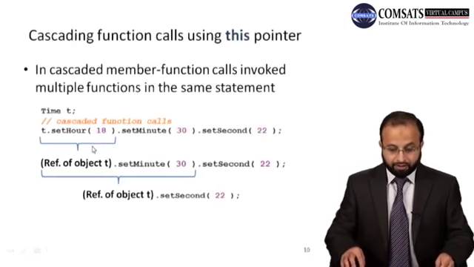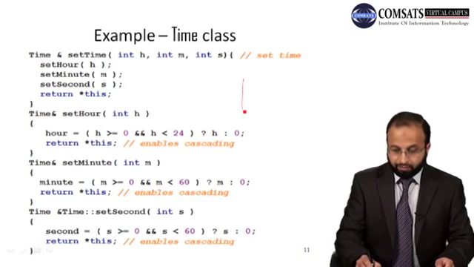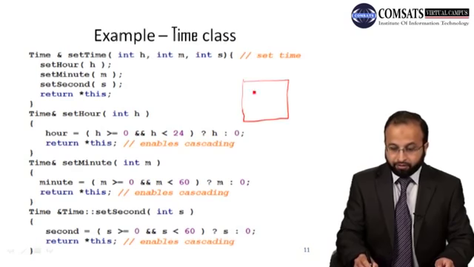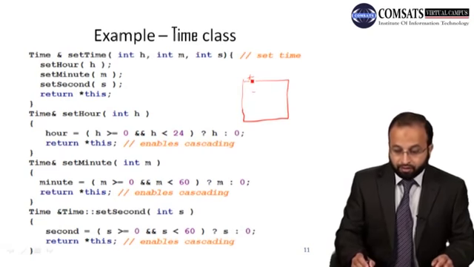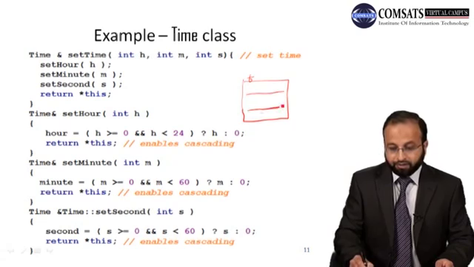Let me explain this. Let's say this is the memory that is allocated for the object T. I'm sorry for the writing. So in this memory we have basically 3 parts. The first part is for, let's say, hours, then minutes, and then seconds, right?